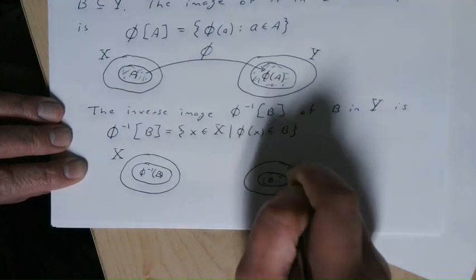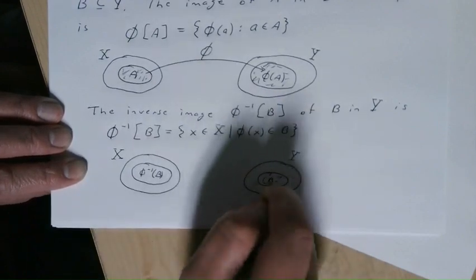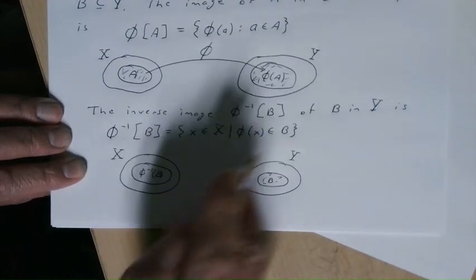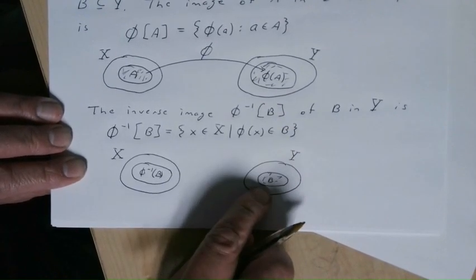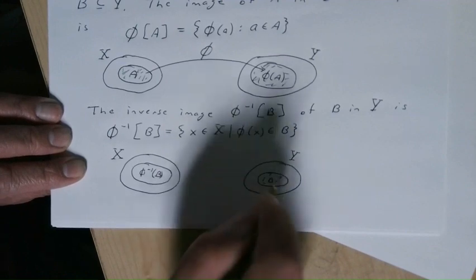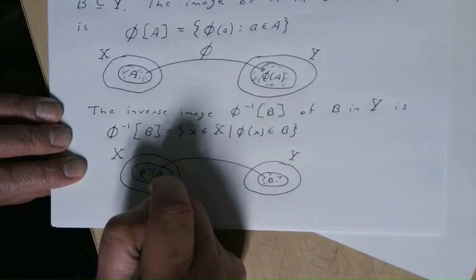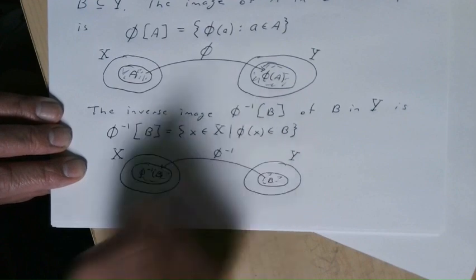Let's say this is Y over here. And then the inverse image would be the values that produce values here by the function. So let me map it this way. And this would be the inverse image.